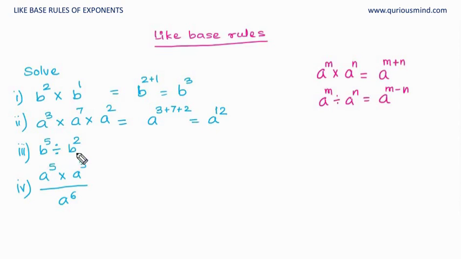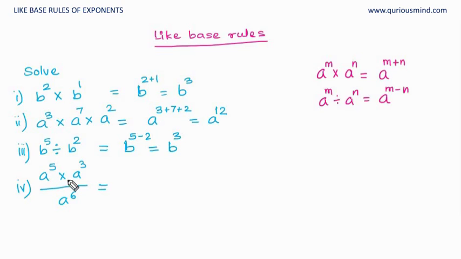Now in this case we have division. Also the base is the same. So the answer's base is going to be the same, B. Because it is division, the powers get subtracted. So 5 minus 2. And that will become B raised to 3.